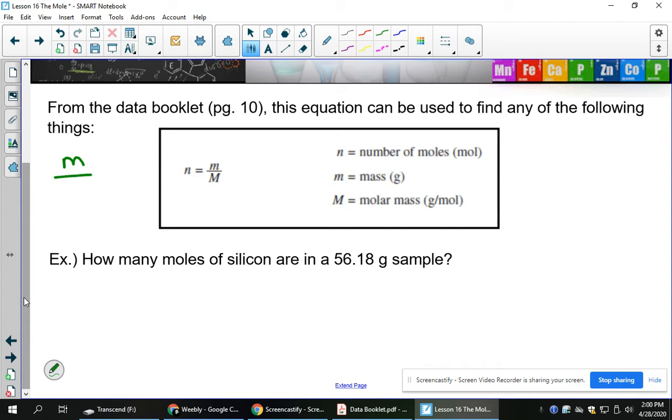And I try to do my uppercase like a big pointy M, just so it's obviously different. Some people will add a little handwriting flair to their M. I am doing a big pointy M, just so you can tell the difference between mass and molar mass.